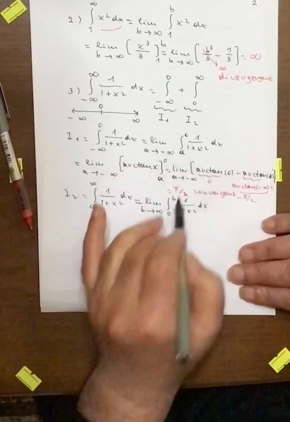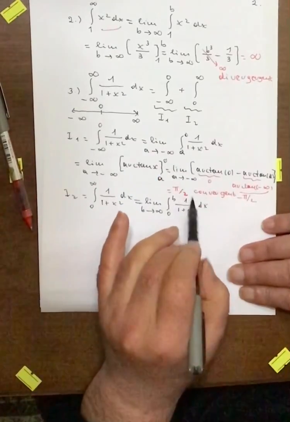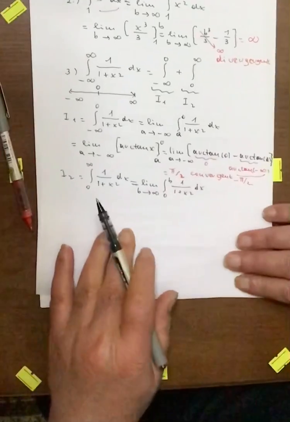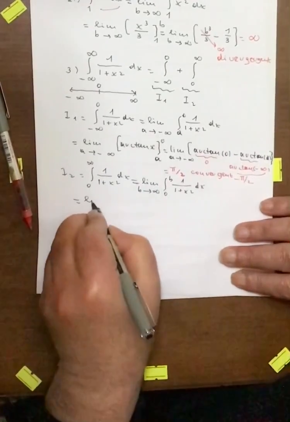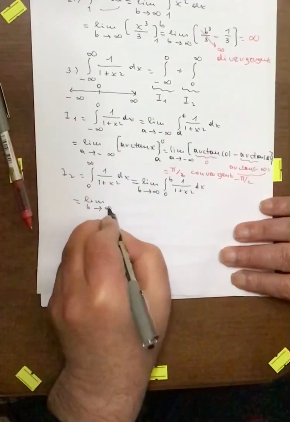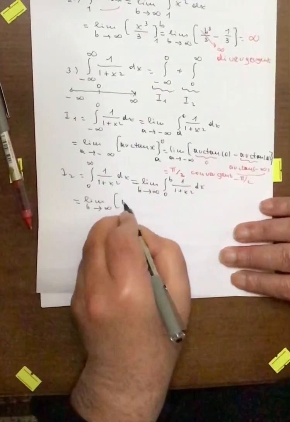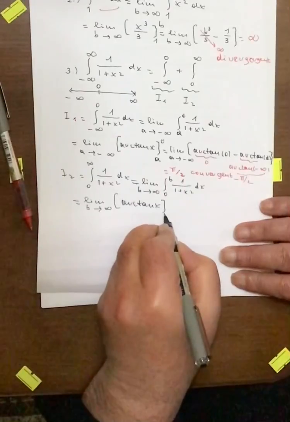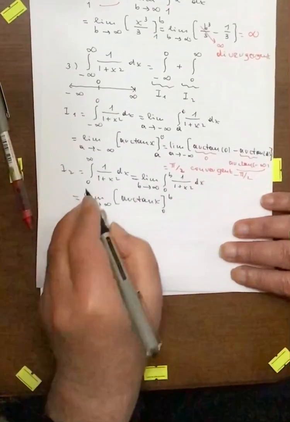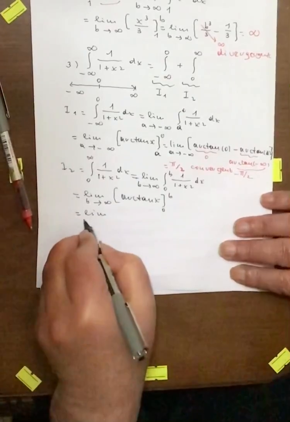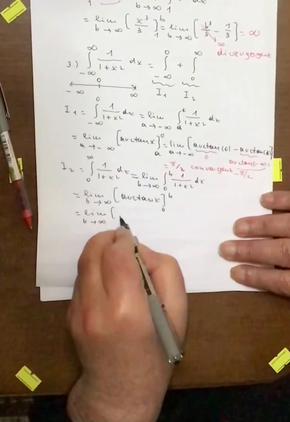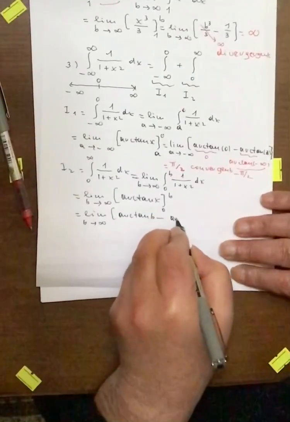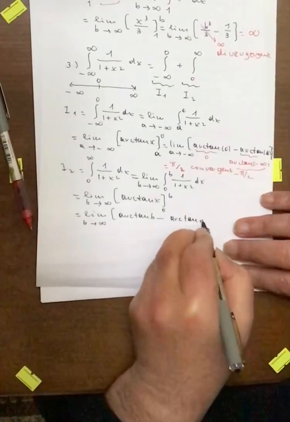We calculated this integral in the first part, so we can write the limit as b tends to infinity of arc tangent x from 0 to b, which is arc tangent b minus arc tangent 0.